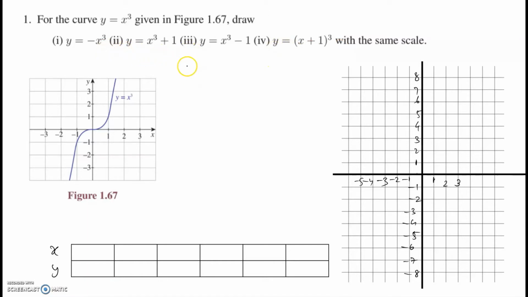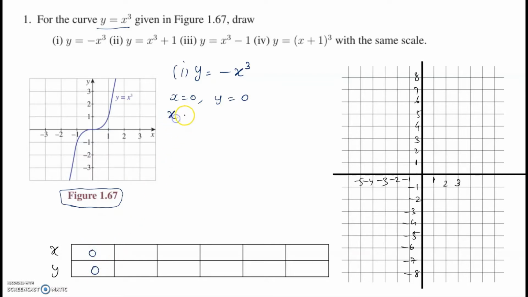Let's take the first curve, which is y is equal to minus x cube. The given curve is y is equal to x cube, which is shown in this figure 1.67. For y is equal to minus x cube, if you take the value of x is equal to 0, y will be equal to 0. So let's mark these points here, 0 and 0.